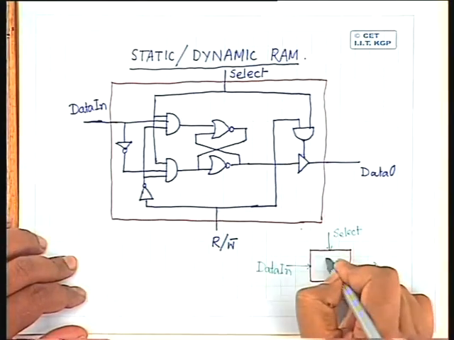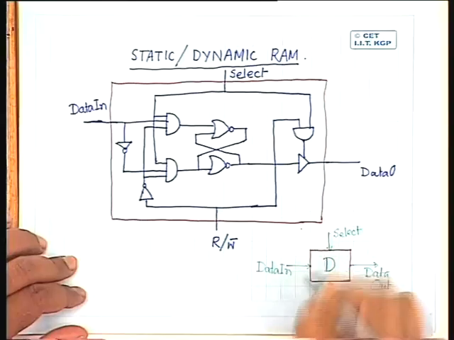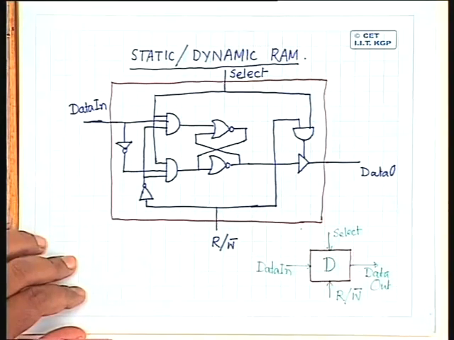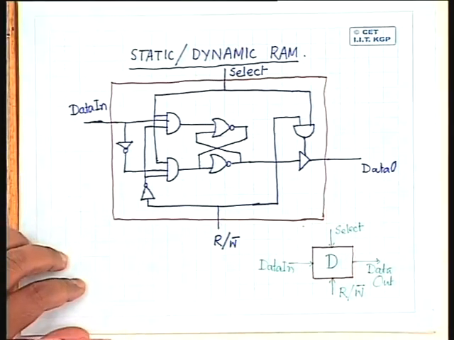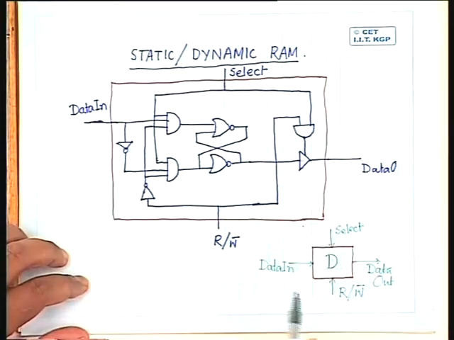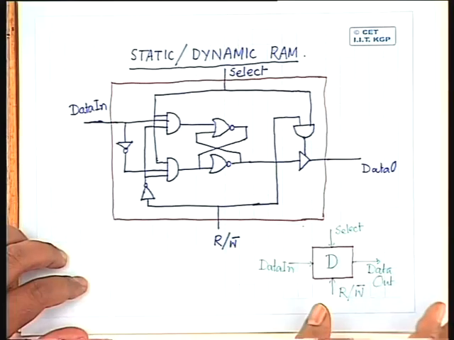Okay, and this is a static RAM cell. Now every static RAM chip is nothing but an array of such cells arranged in some fashion.